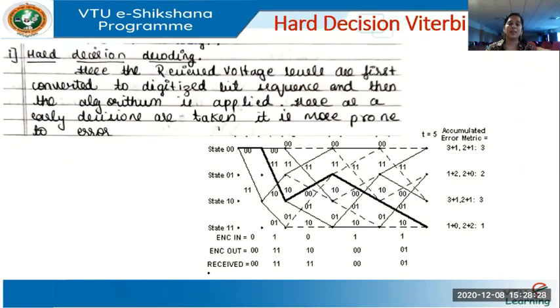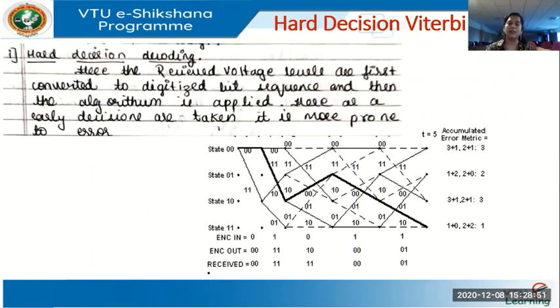As I was telling you, there are 2 types of Viterbi decoders, hard decision Viterbi and soft decision Viterbi. In hard decision Viterbi decoding, the received voltage levels are first converted to digital bits. They are digitized into a bit sequence initially itself, and then the algorithm is applied.